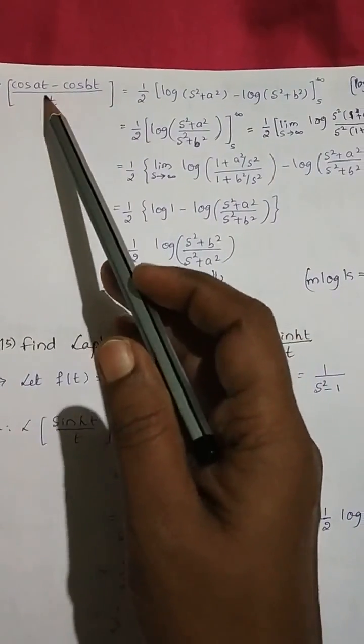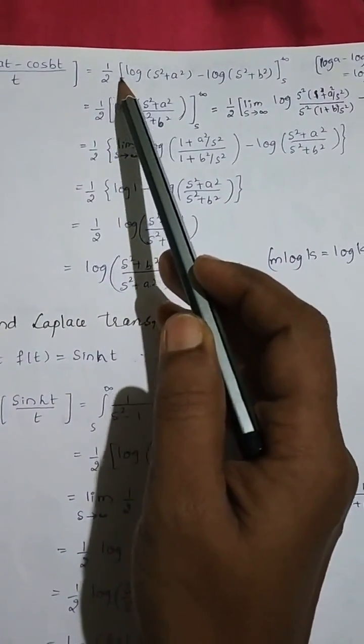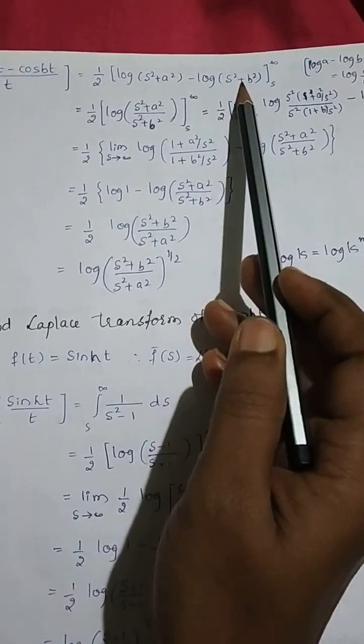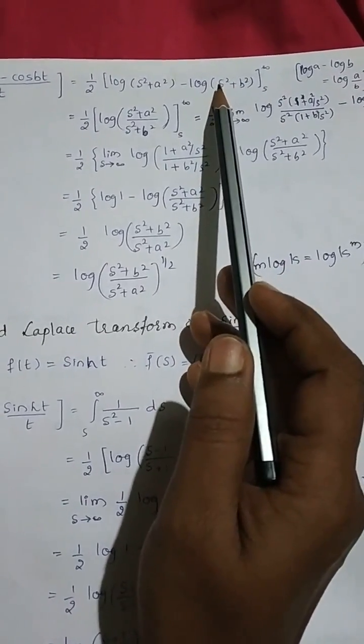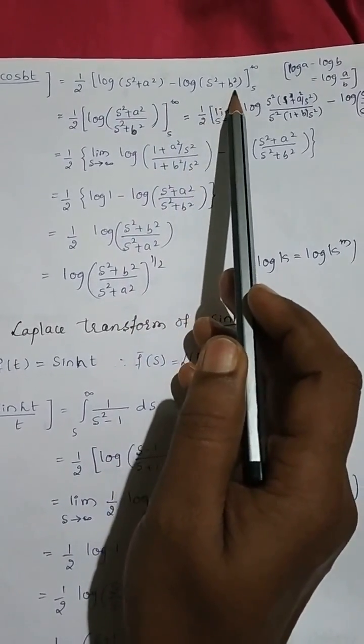That is L of (cos at minus cos bt) upon t is equal to 1 by 2 into log of s square plus a square minus log of s square plus b square. Integration of s upon s square plus a square is 1 by 2 log of s square plus a square, minus 1 by 2 log of s square plus b square.